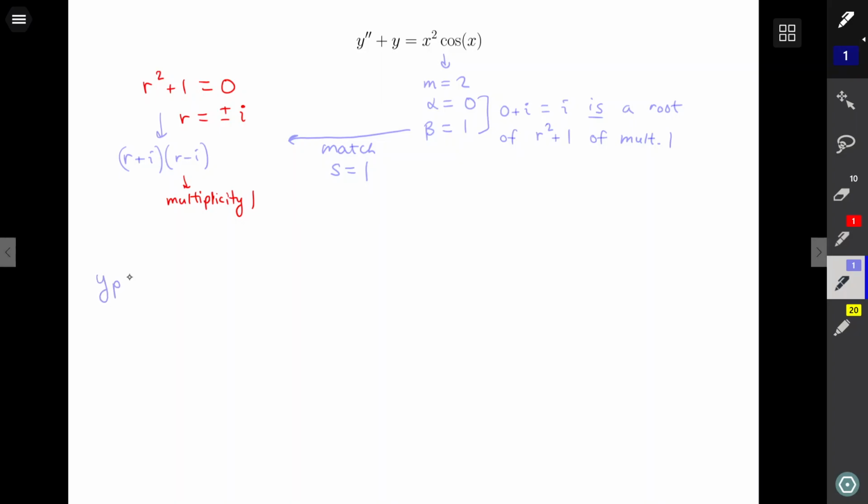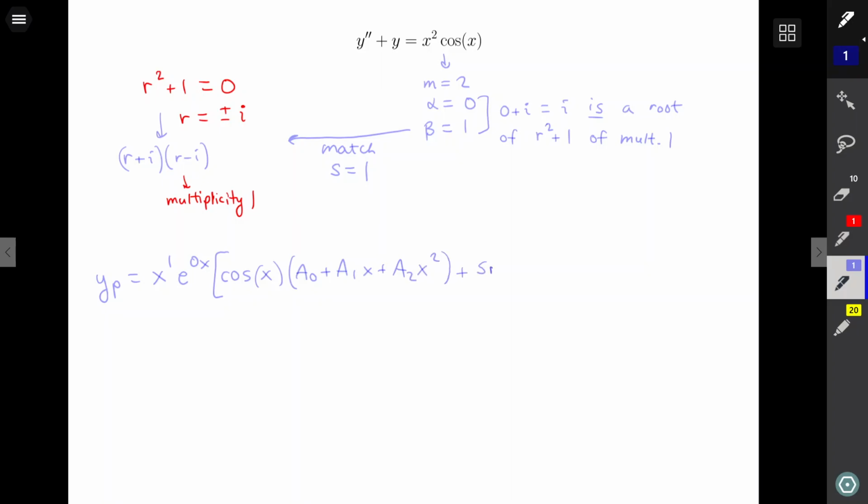So your particular solution in this case, you include the x to the 1, which was s. The alpha was 0, so it's e to the 0x. Now inside the parentheses, beta was 1, so you're going to have a cosine of x. m was 2, so you need to go up to x squared and include everything below that. So you have a0 plus a1x plus a2x squared.